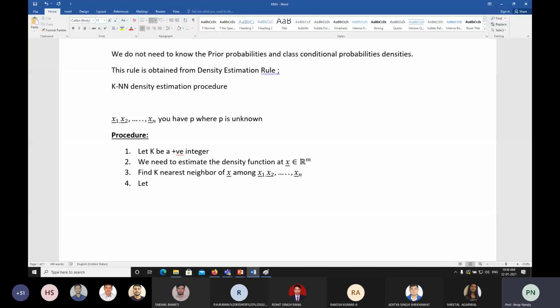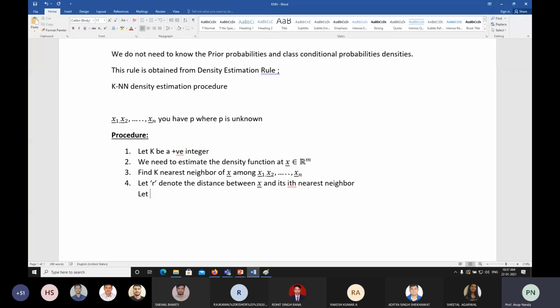Let R denote the distance between x and its ith nearest neighbor.